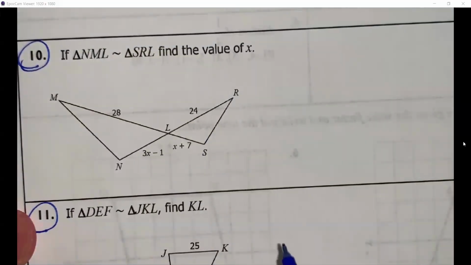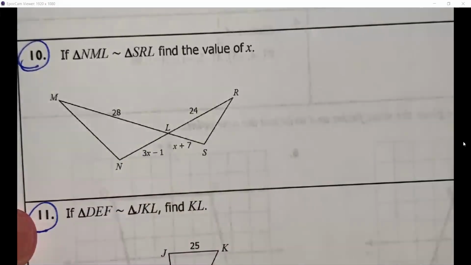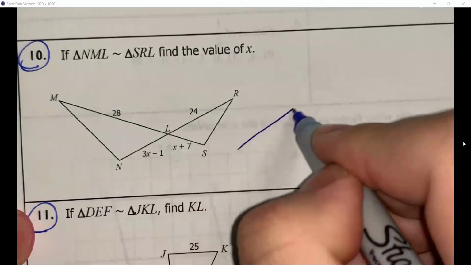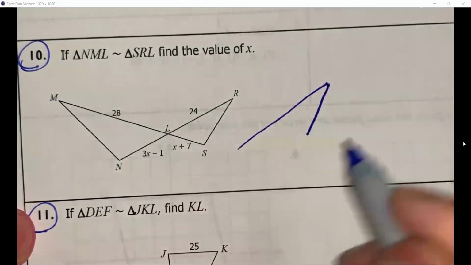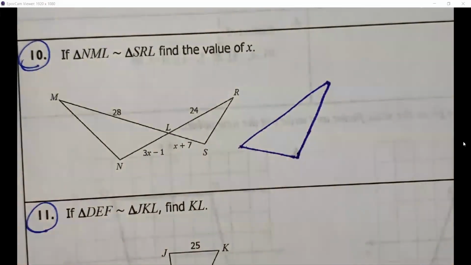So I'll redraw the big triangle to make it look like the little triangle. So I know that this is a bigger version of that. So let me just draw this one, but just bigger. I'm going to draw it maybe like that, and this is kind of angled down a little bit. So something like that. That's pretty good, right?